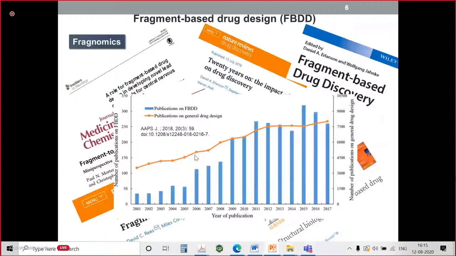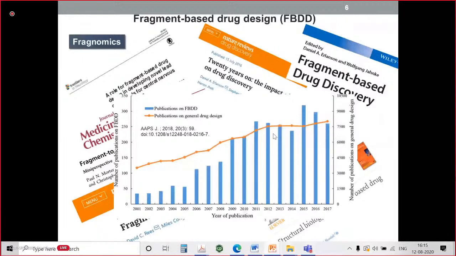This is the comparison between fragment-based drug design (FBDD) and other drug design approaches. Overall, you can see it's almost 50%, or maybe a 1-to-1 ratio, of FBDD to the other drug design approaches.